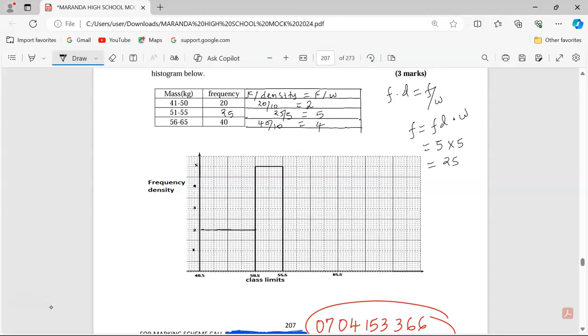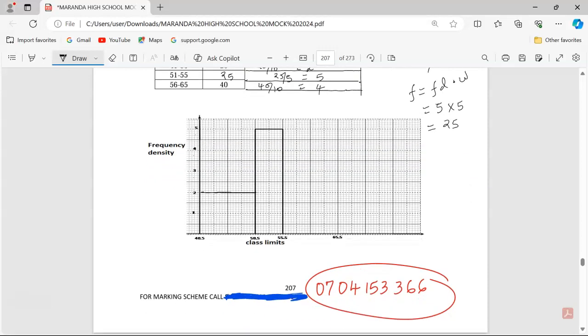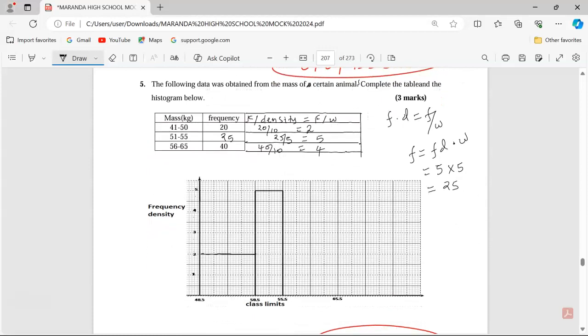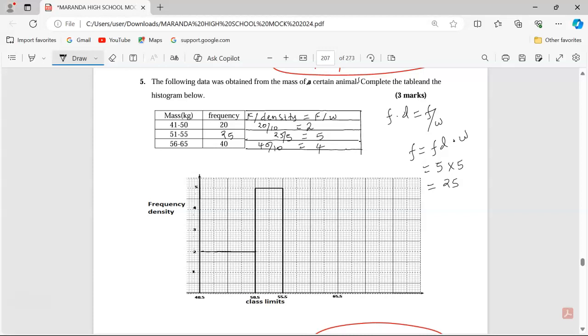The next is already drawn, and the last one is going to be a height of 4. The frequency density is 4, from 55.5 all the way to 65.5, and a height of 4. So 4 is at this point, so we just do a straight line horizontally.